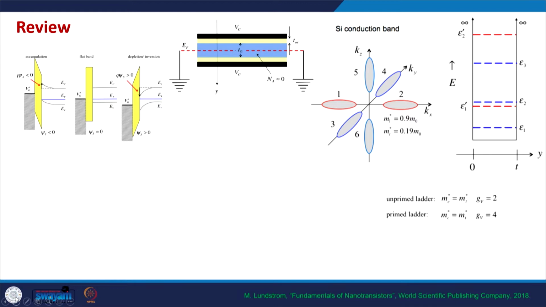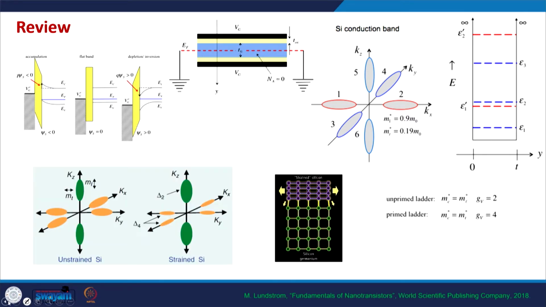So far we have seen quantum confinement in MOSFETs, and we also discussed strain engineering in silicon, especially in nanostructures in ETSOI MOSFETs. What we saw was that if we grow the channel silicon on a silicon germanium substrate, we can change the band structure of silicon in such a way that, first, the effective mass is modified such that the mobility is increased, and second, the inter-valley scattering in silicon is reduced.